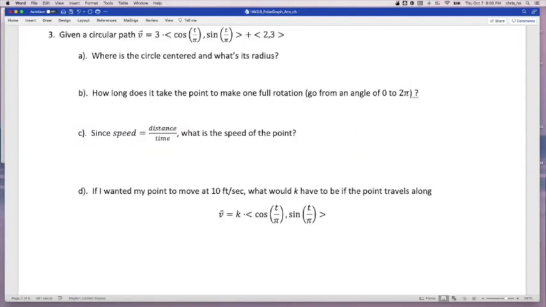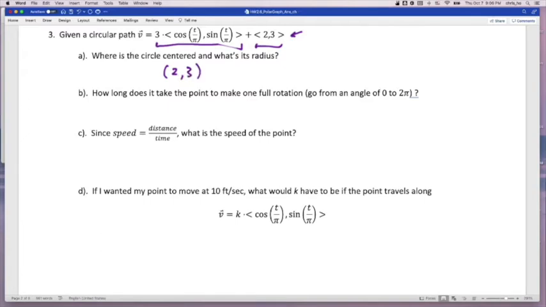All right, on to question 3. Given this circular vector, we notice right off the bat that this is comprised of a circle and a constant vector, 2, 3. That means the center of the circle is at this vector. So simply, the center is at the coordinate 2, 3 because the vector points to 2, 3.